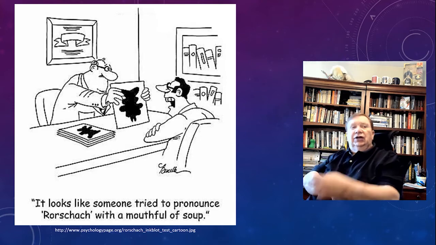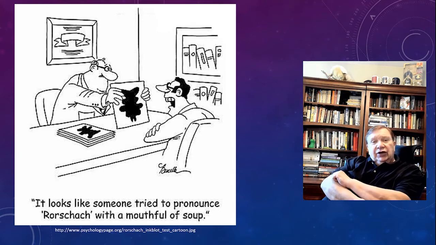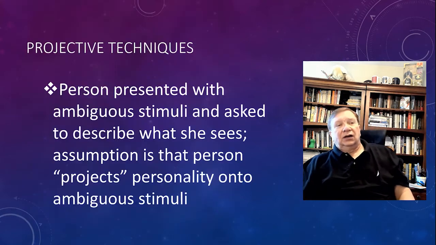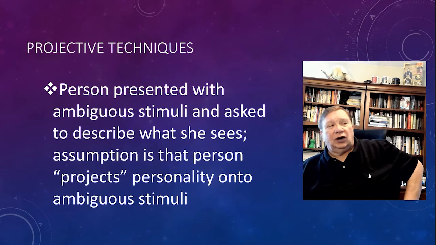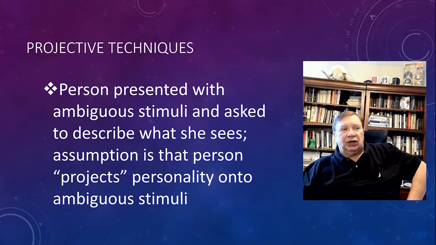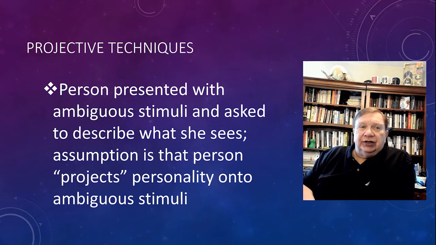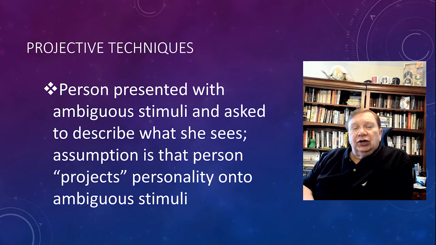So let's talk about projective tests a little bit. Basically, you present an ambiguous stimulus and you ask someone to describe what they see. The notion is they'll project things about their personality, or at least what they're thinking of, into the ambiguous stimulus.